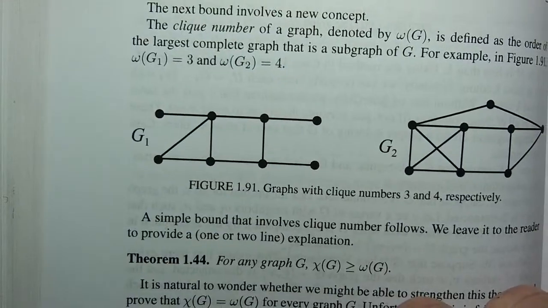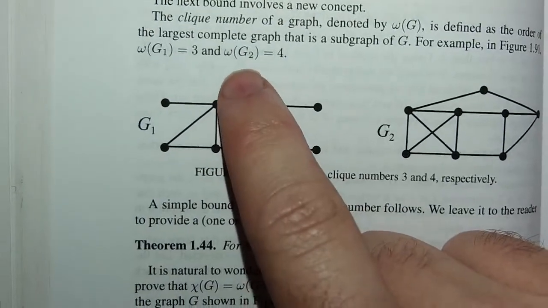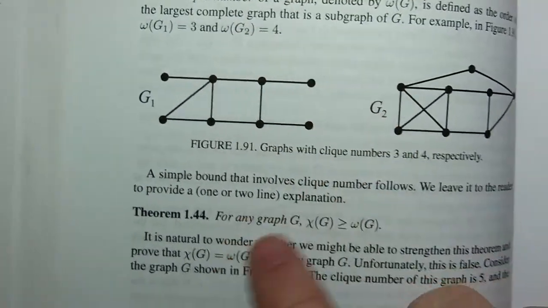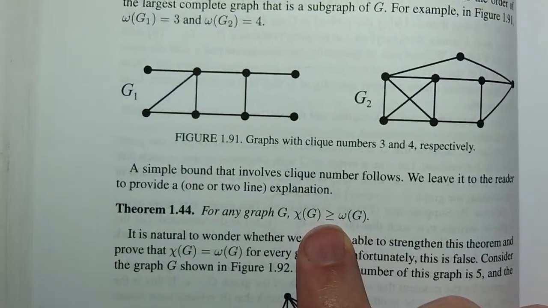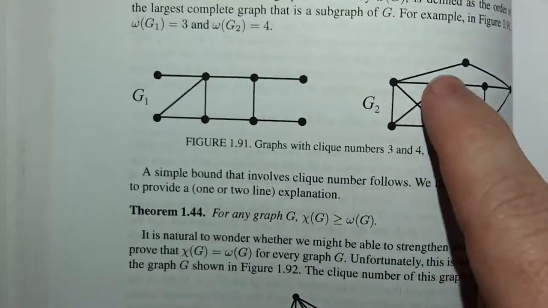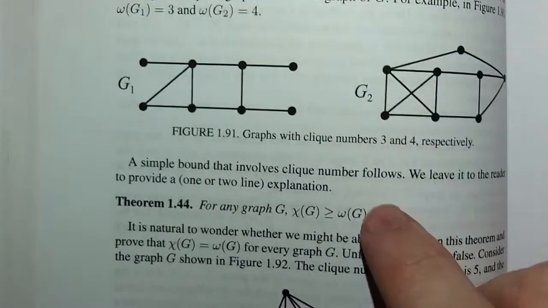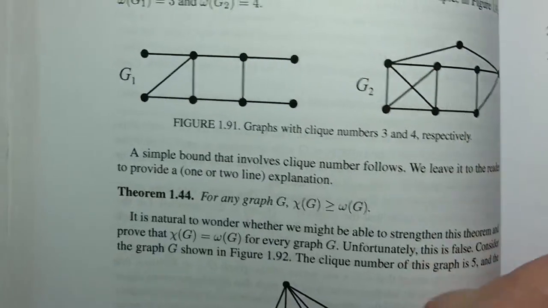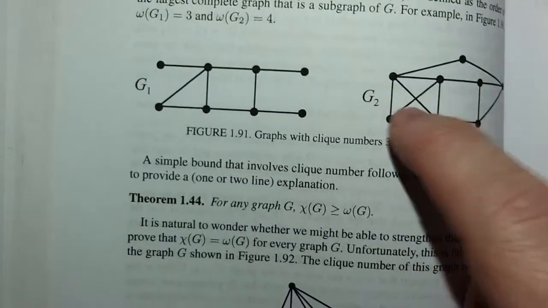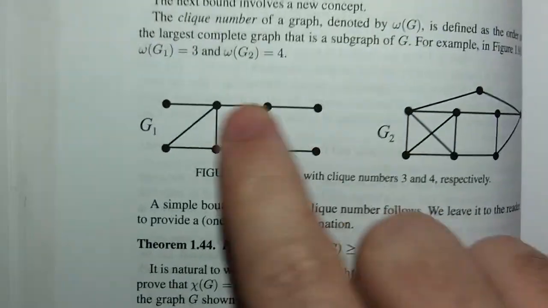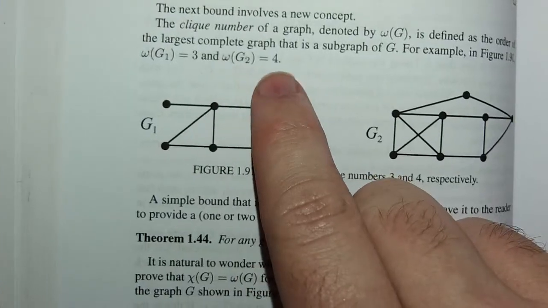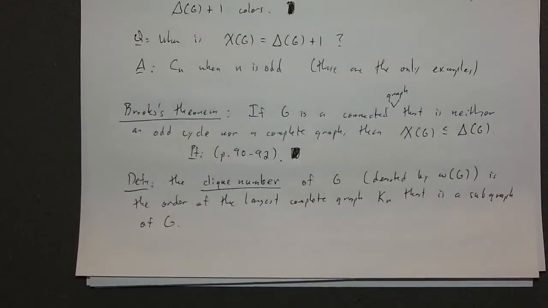The largest complete graph that is a subgraph of G2 is K4. Can you find it? It's this block with these edges. So there's K4 sitting inside G2. So the clique number of G1 is 3, and the clique number of G2 is 4. Okay, you might consider why it's called a clique.